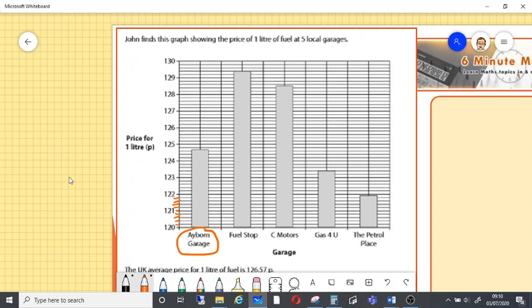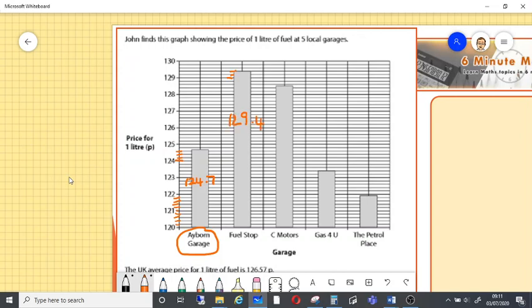Looking at this now, the value is halfway in between, so this value here is 124.7.